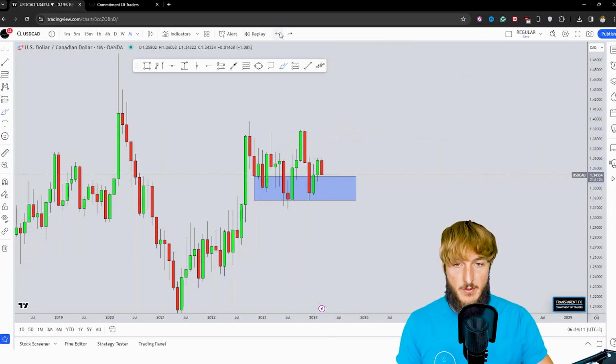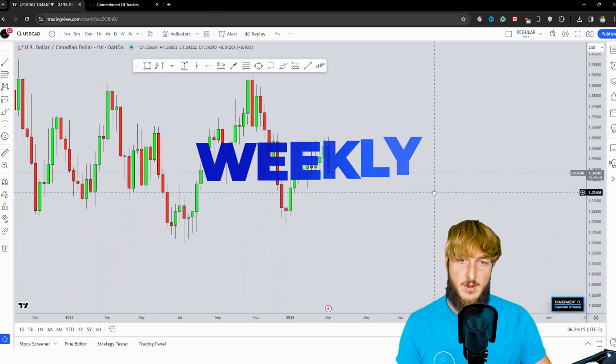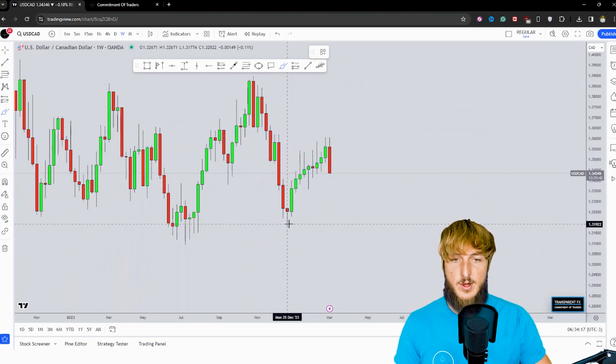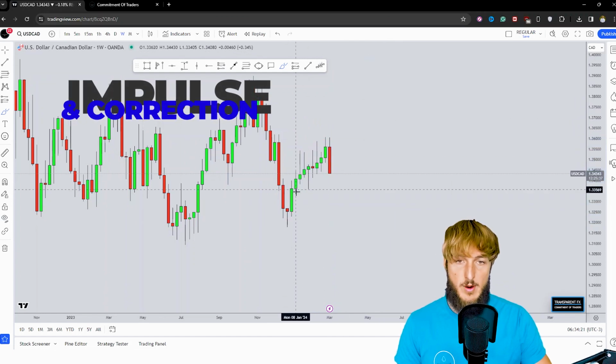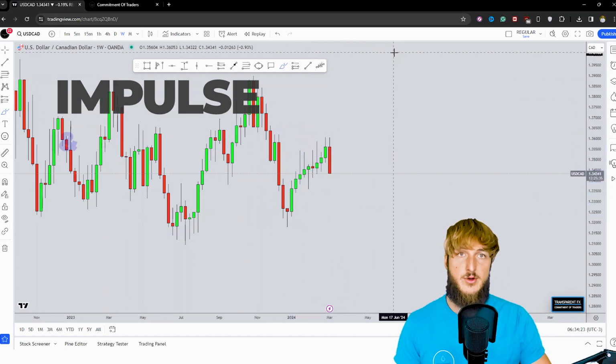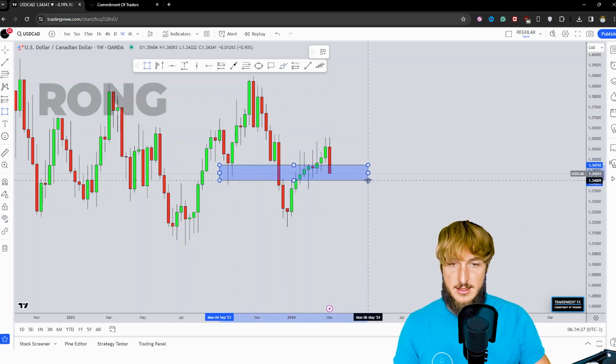Dropping down on the weekly time frame, what do we see? Now, from a weekly perspective, it is quite clear how we had a move to the upside. Currently, we're getting a correction. However, in this move to the upside, there is one level which definitely stands out, which is exactly this zone here.